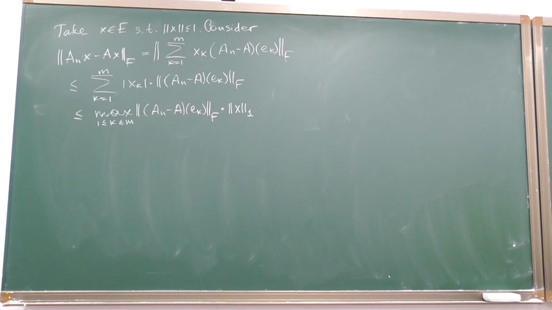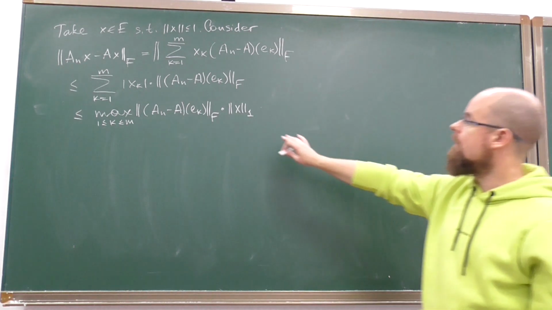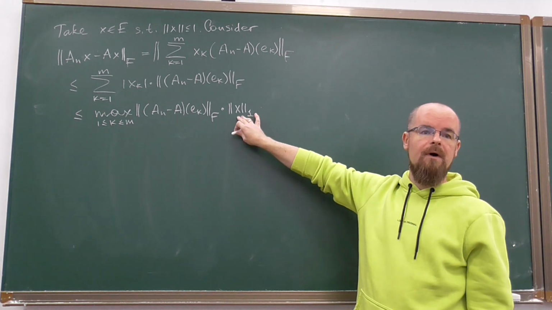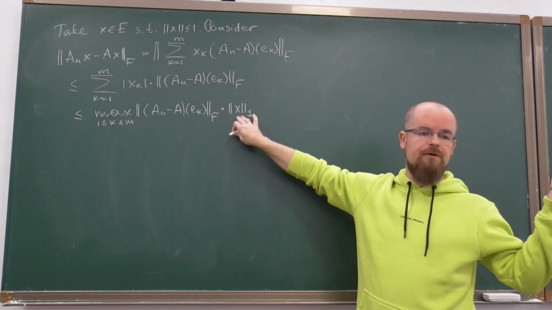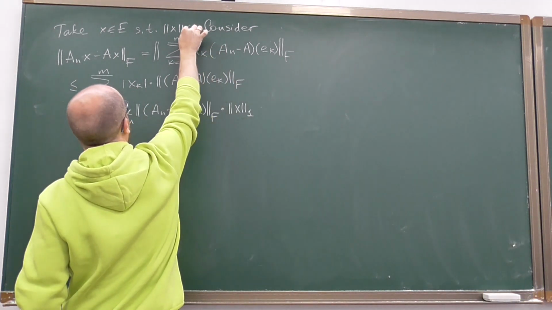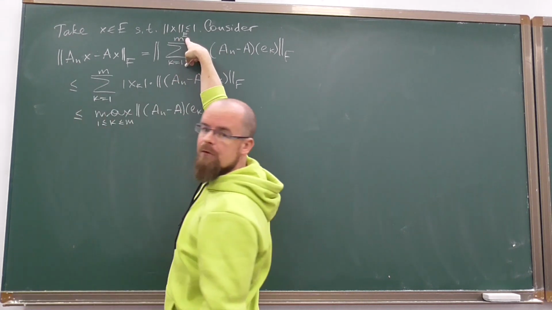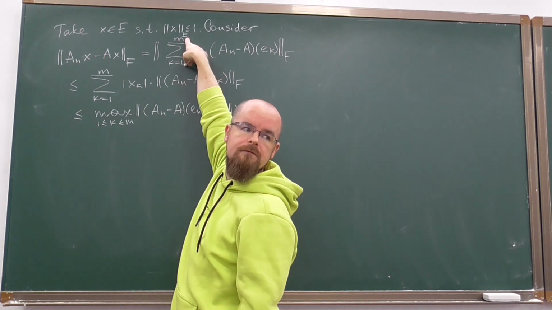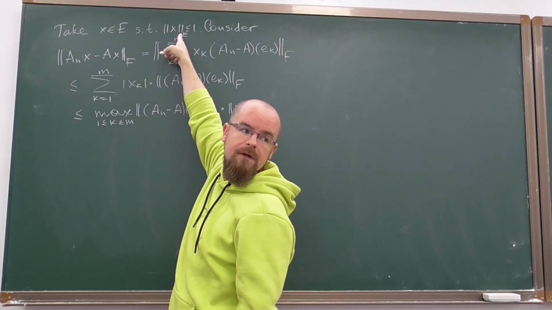Well, we have just said that the new norm and the old norm are equivalent. So this norm can be estimated by M times the old norm, but I forgot to write here that the old norm of x is less than or equal to 1. So subscript E over here.